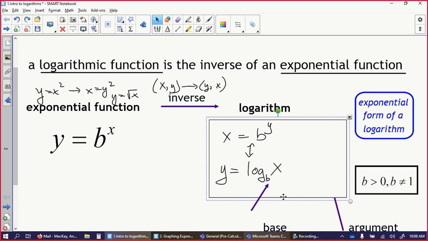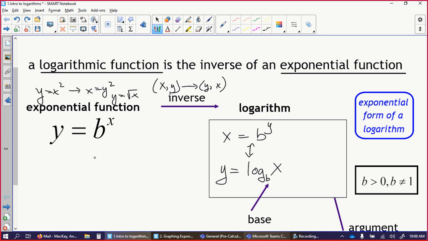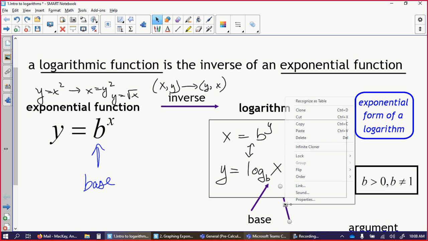The base is the same as the base here. So if we're talking about an exponential function that is base 2 or base 10 or base whatever, that's our base. It's the same for a logarithm.